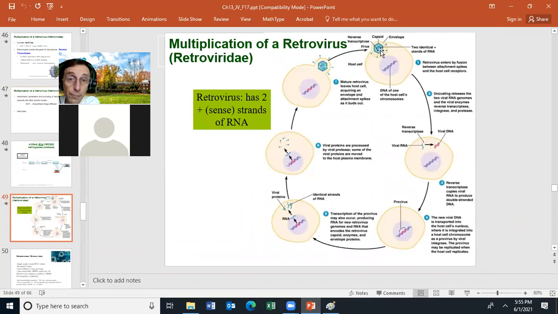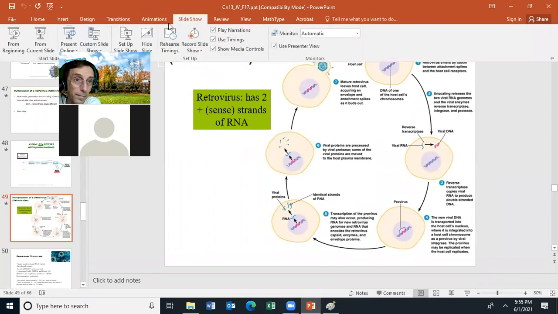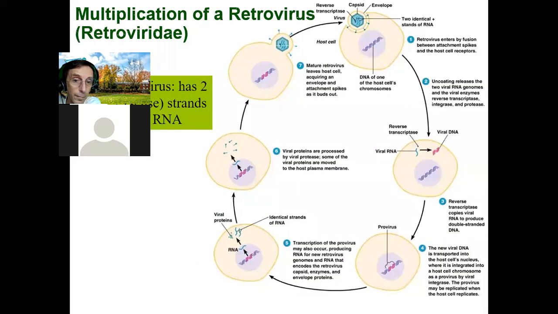In a little more detail, the retrovirus will bind to the cell membrane, and with the retroviruses, it will be these spikes, which you can sort of see. Let me blow this up. The spikes here will bind to the cell membrane, and the virus will be brought into the cell.